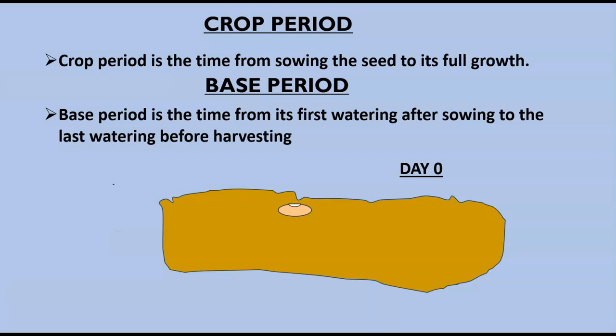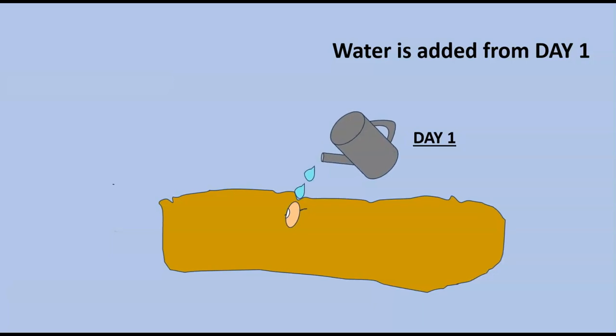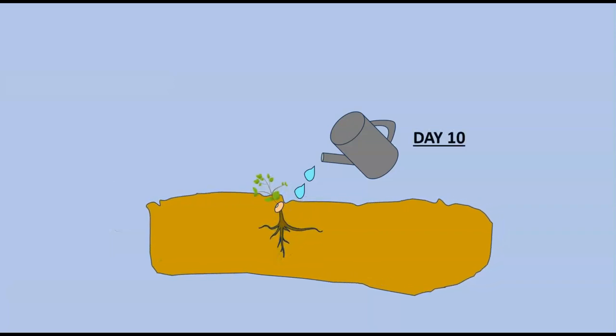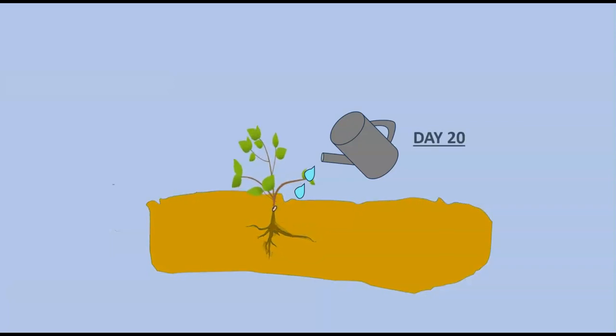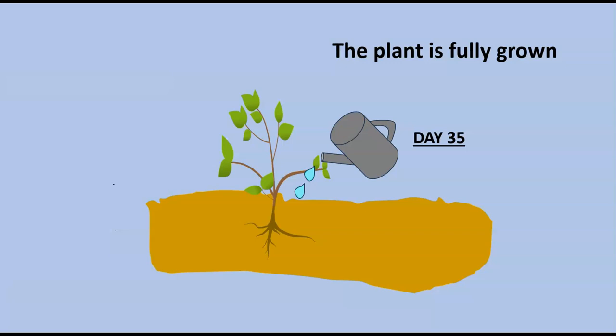Let's take the example where we plant a seed at day 0. At day 1, the water is added. Now in day 5, the plant starts to come out from the seed, and this is after day 10, this is after day 20, and this is at day 35 when the plant is fully grown.